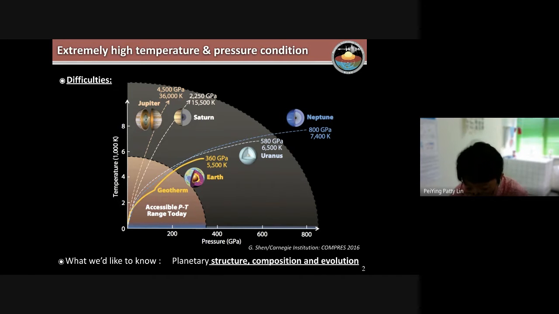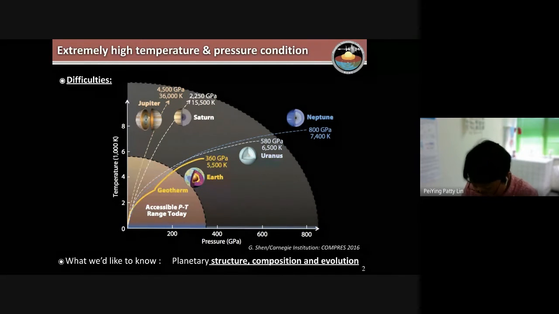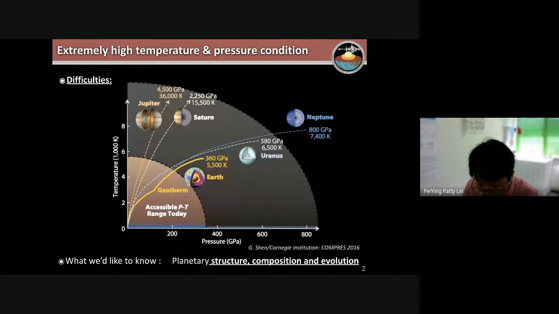We cannot drill as deep as we want, mainly because of the high pressure and high temperature. So we cannot even access Earth's mantle or core, and it's really impossible to sample or drill a hole on other planets with even higher pressure and temperature.